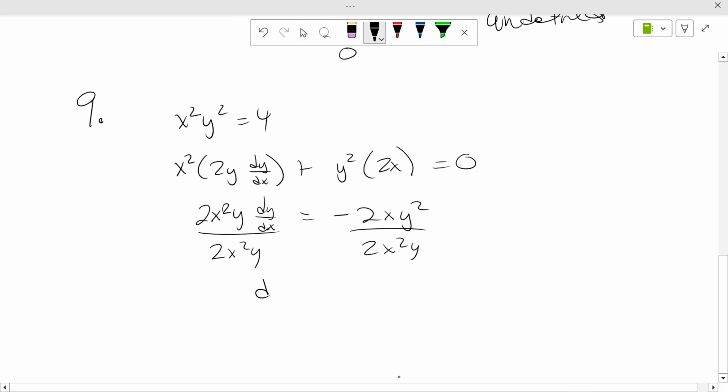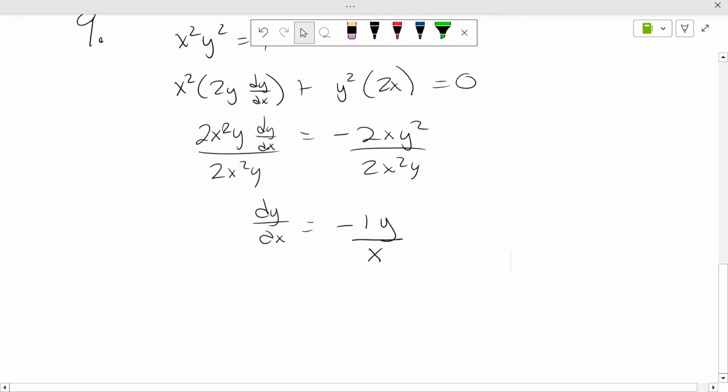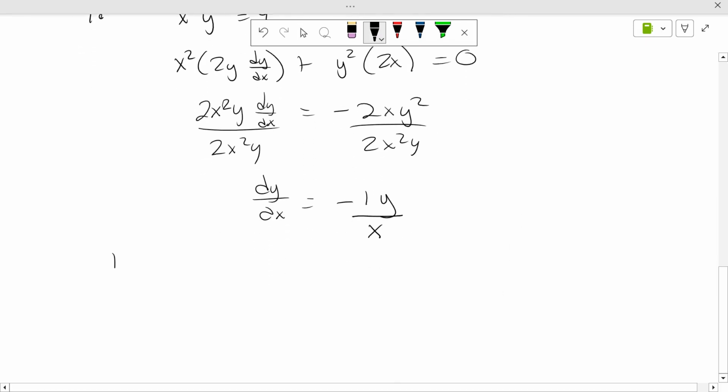So dy dx equals negative y over x, because the 2's cancel, the x cancels, y cancels. Okay, first derivative. Okay, now we need the second derivative.